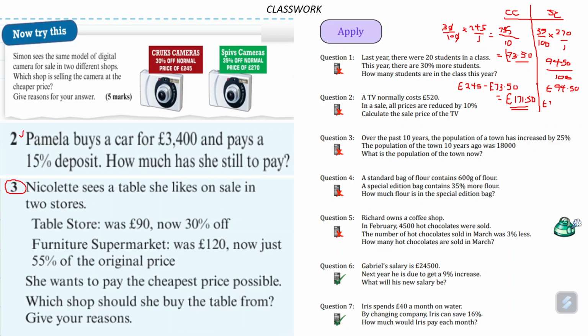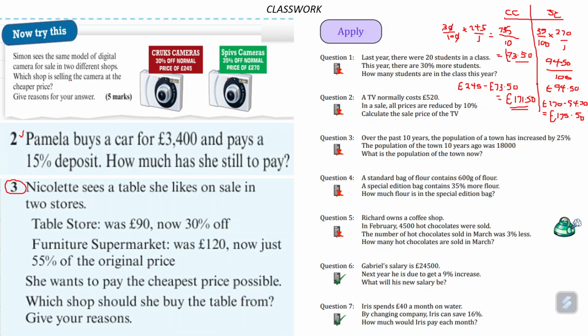That's 270 minus 94.50, so you'll be getting 175.50.